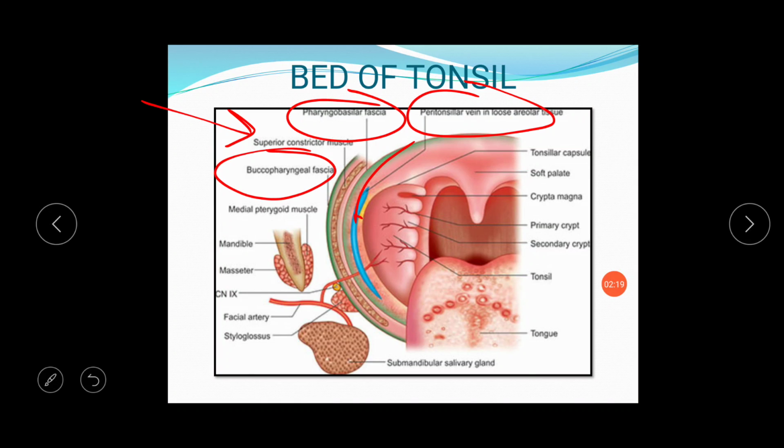After that there will be the styloglossus muscle, the ninth nerve, the mandible, and the medial pterygoid and masseter muscle attached to it.